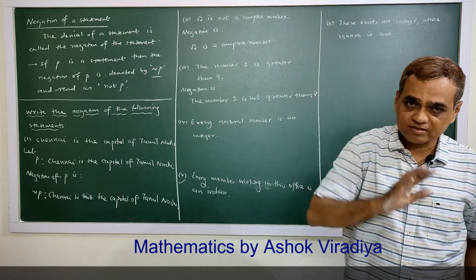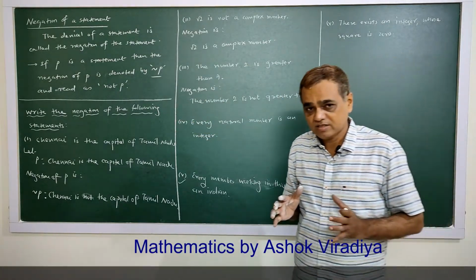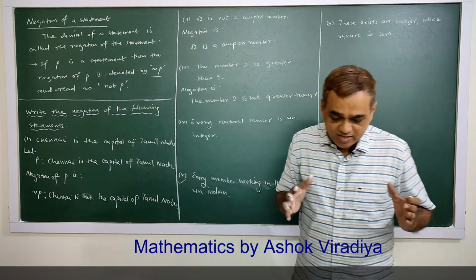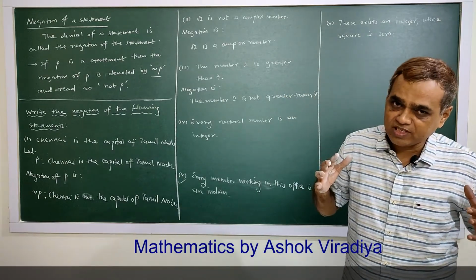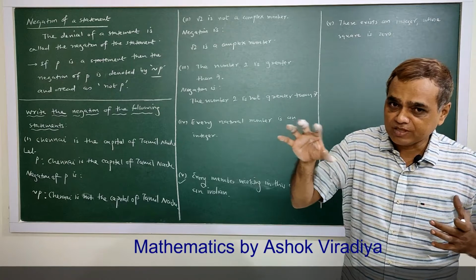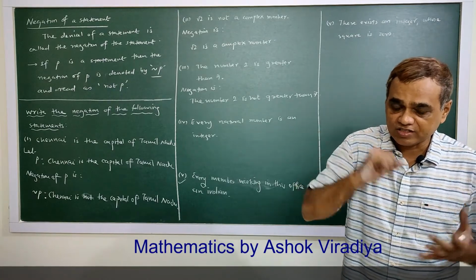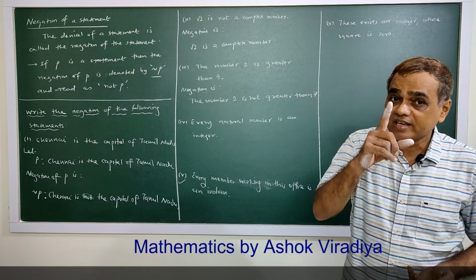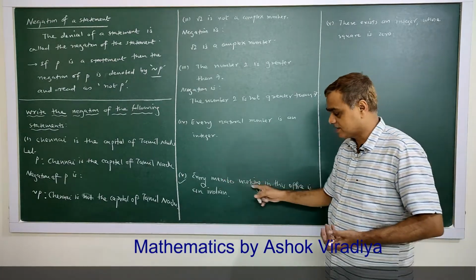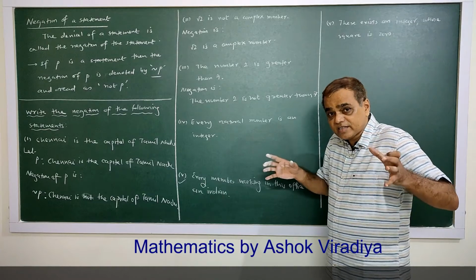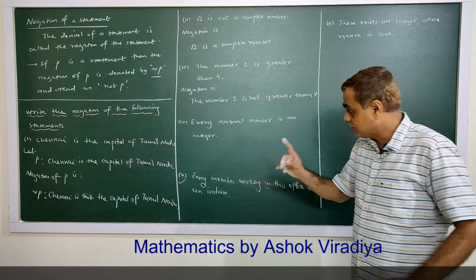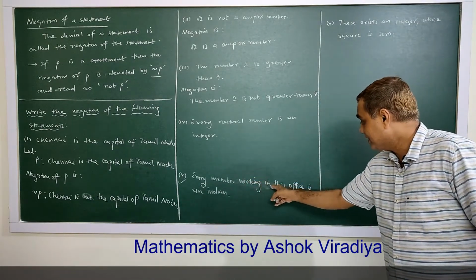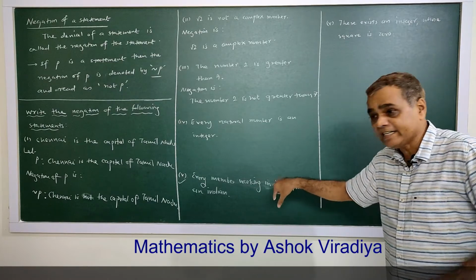You can see, every member working in this office is an Indian. Everyone is Indian. Then what happens? Pradyuman has some doubt in his mind by observing something or someone in the office. Then he denies this statement. He doesn't deny it by saying no, every member working in this office is not an Indian.